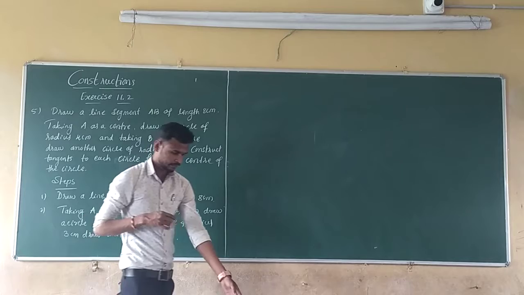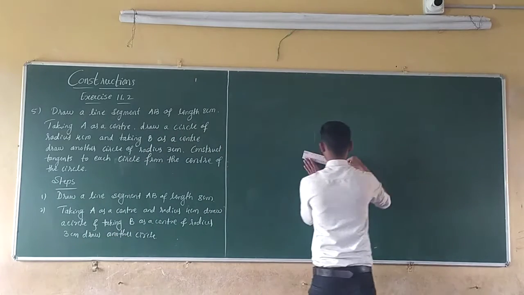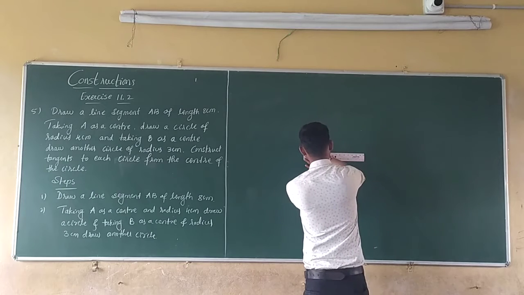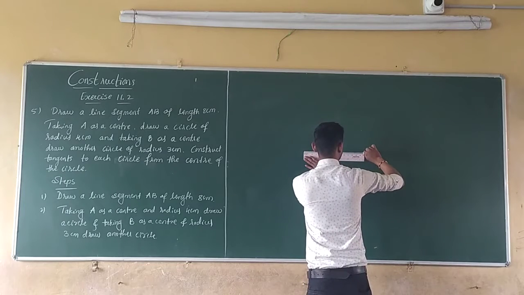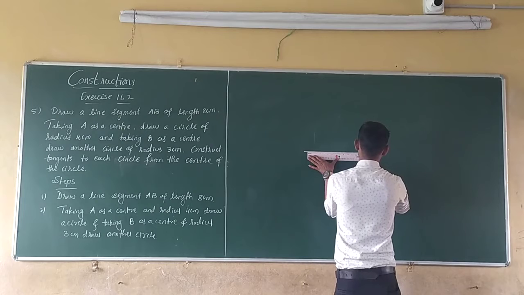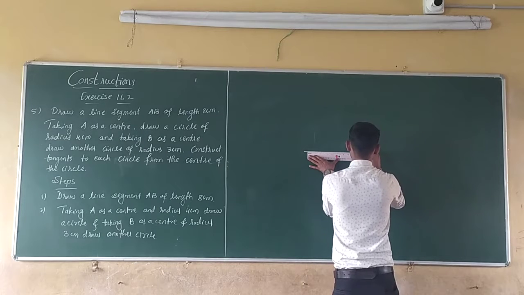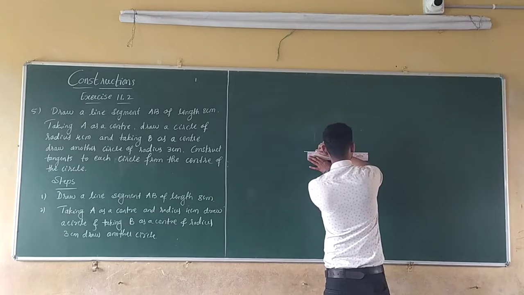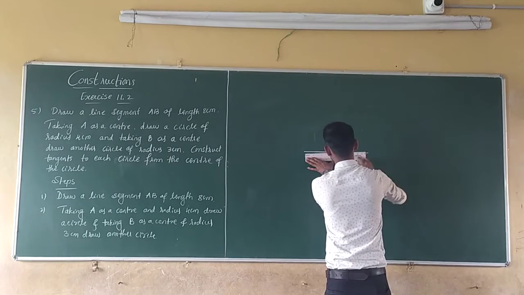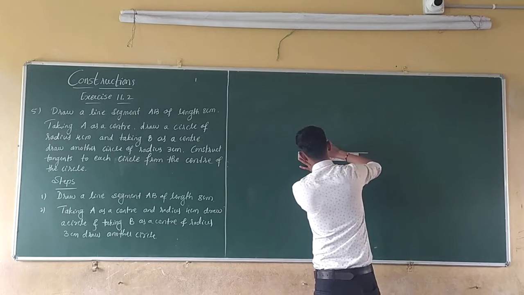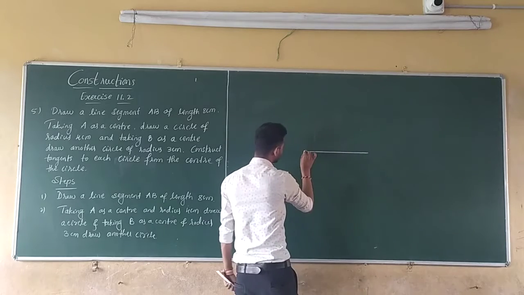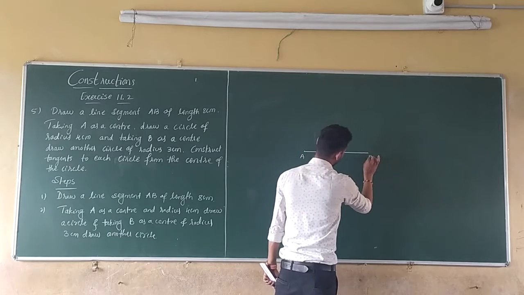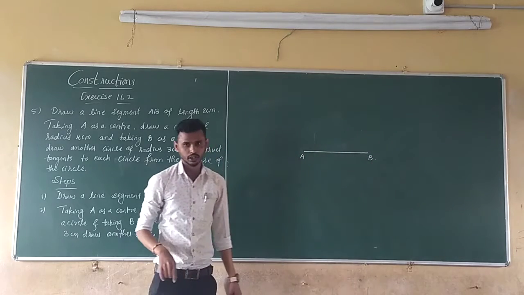Let us see. First of all, draw a line segment AB of 8 cm. So this is a line segment AB of 8 cm.